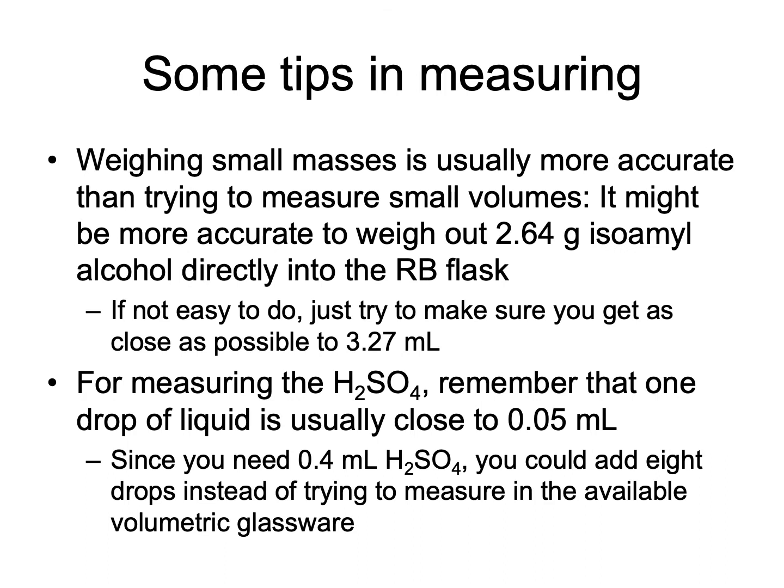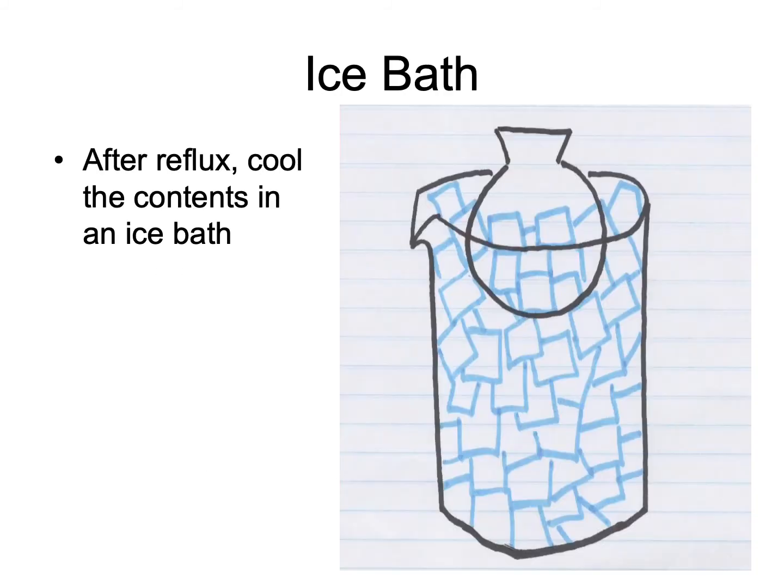Here are some tips for the work, how to do the experiment in a better way. You need to consider these tips. So we have the ice bath at the end. After the reflux, we are going to cool the contents in the ice bath.